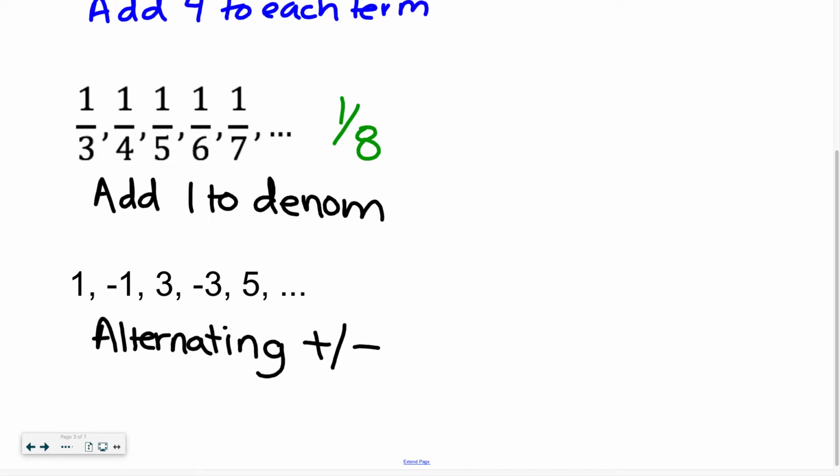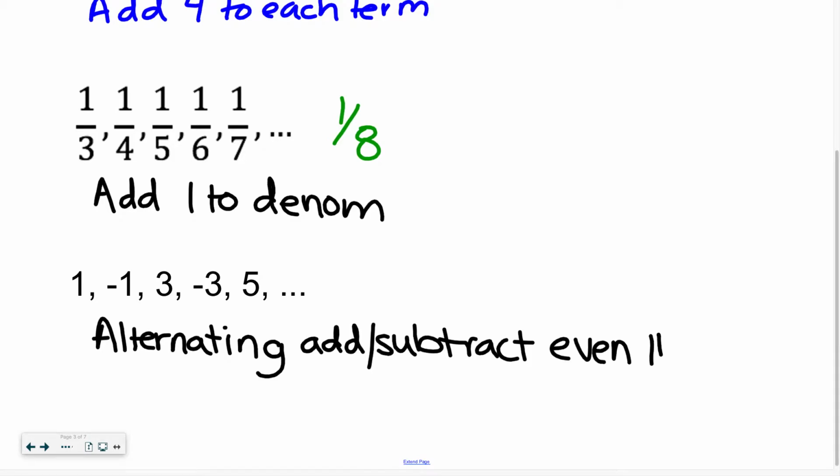Oh, because you're subtracting 2, adding 4, subtracting 6, adding 8. Okay, so then I'm going to have to change this. Alternating, add and subtract, even numbers.